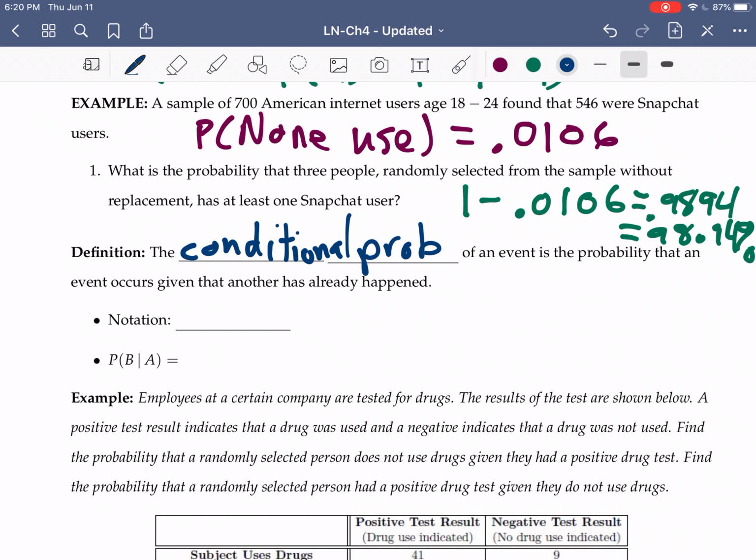So the conditional probability of an event is the probability that an event occurs given that another has already happened. We've already looked at this before, talked about it briefly. We use this vertical line for that given notation.